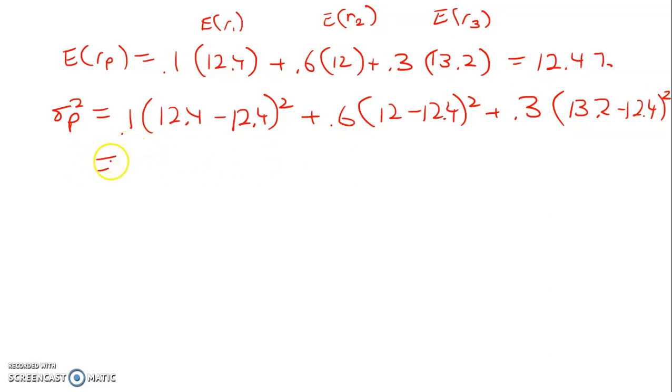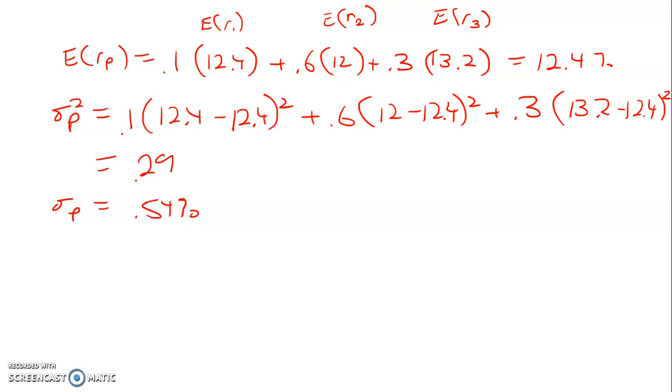Multiply those out, add them up, get 0.29, and then you take the square root of that, and the standard deviation is 0.54%.